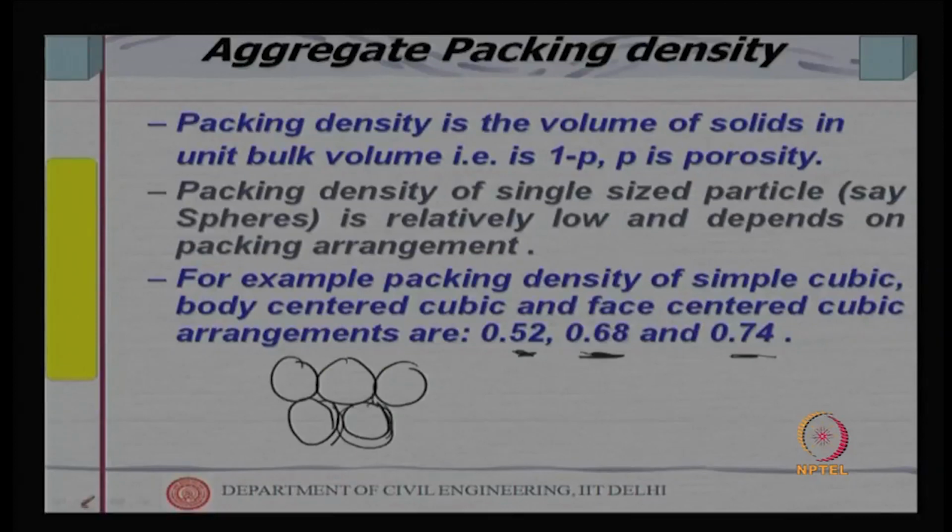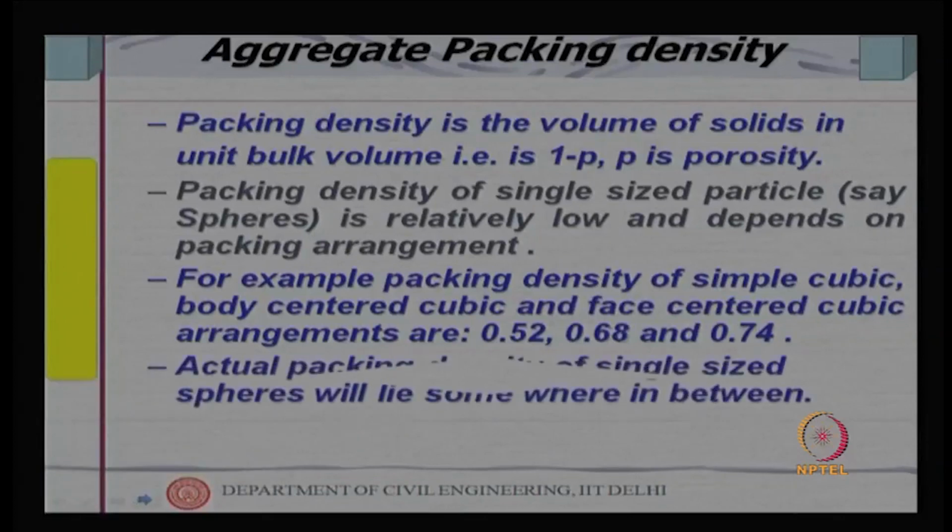Therefore, it is independent of the size and depends upon the packing characteristics. Well, the actual packing density of single size spheres will lie somewhere between these two. You can have the best packing or the worst packing, and random packing can have anything in between.